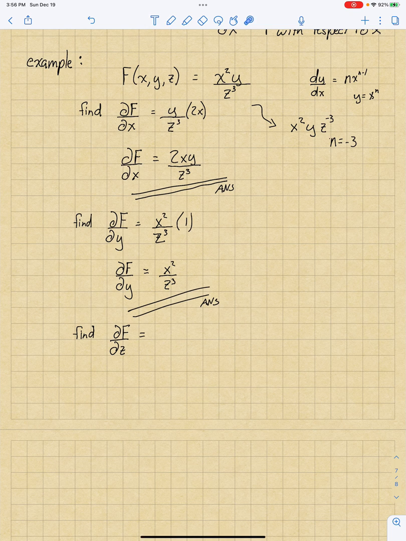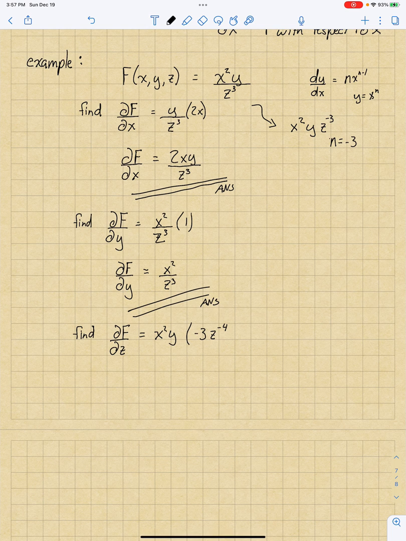Just like before, we're going to treat the x squared times y as a constant. So this is going to be x squared times y, multiplied by the derivative of z to the negative 3, which will be negative 3 times z to the negative 4, right?